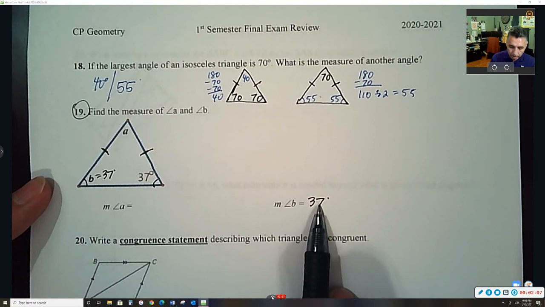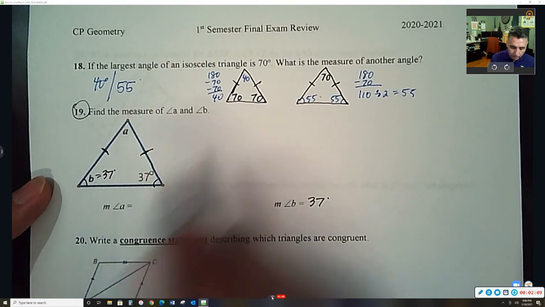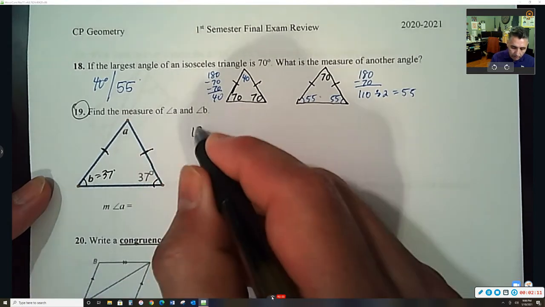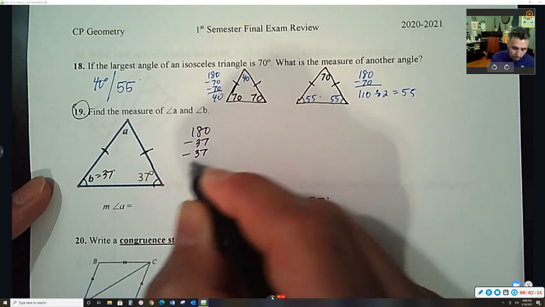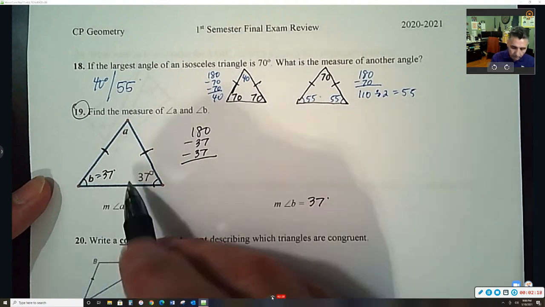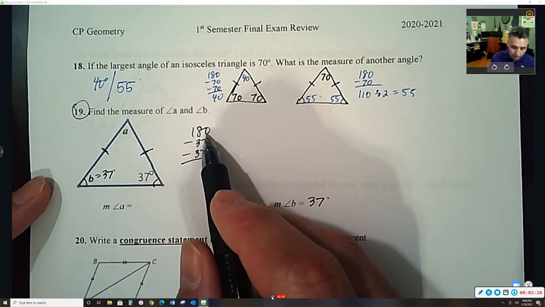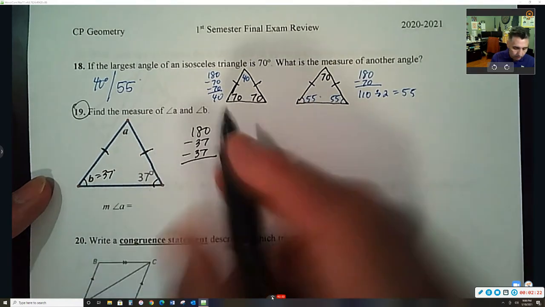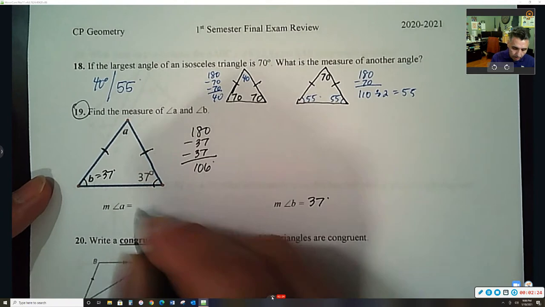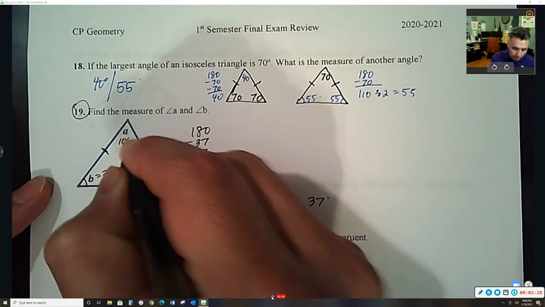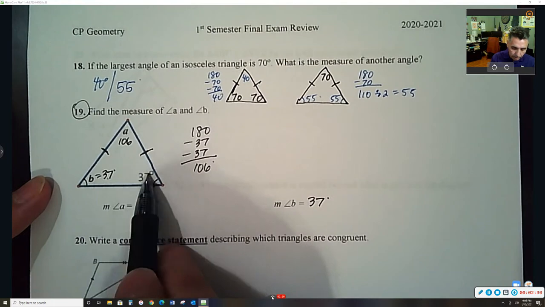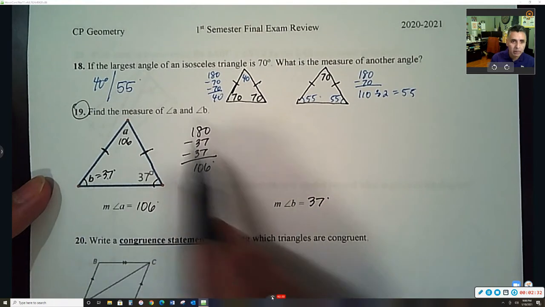And if these two are 37, to figure out A, the three angles in a triangle have to add up to 180. You subtract out the two 37s, and then you get 106. So this one has to be 106. So I know these three added up will add up to 180.